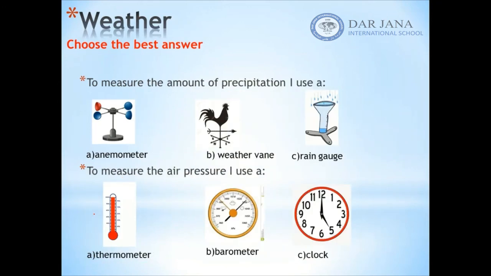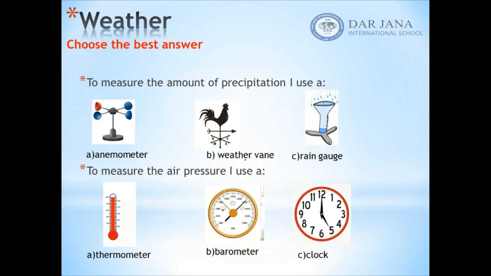To measure the amount of precipitation, I use a what? So let's see. Precipitation is all of the water that falls from the cloud back to the earth. So what do we need to know how much it rained in this specific area? Do we need an anemometer that turns around to see how fast the wind is?